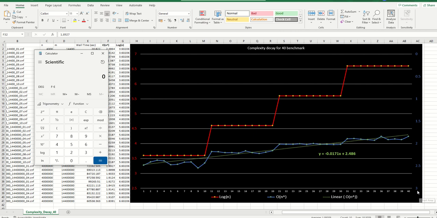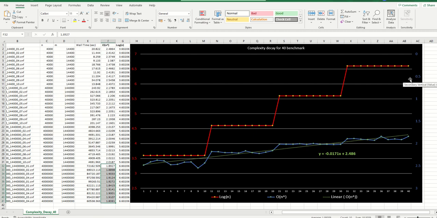On the right-hand side, it's the Y scale for the execution complexity, the results of execution complexity, and that's this one. And then on the left-hand side, the y-axis, we have the logarithm of the number of variables in each batch file.